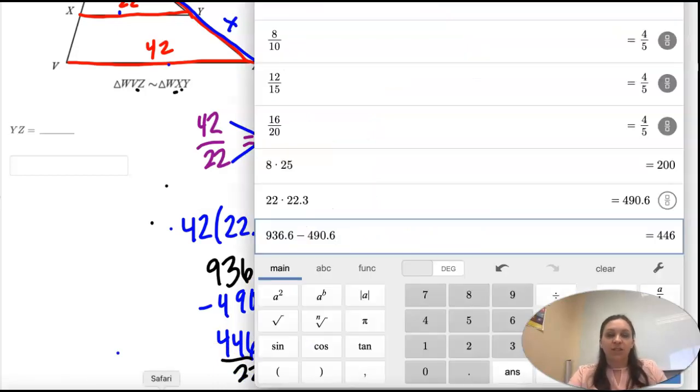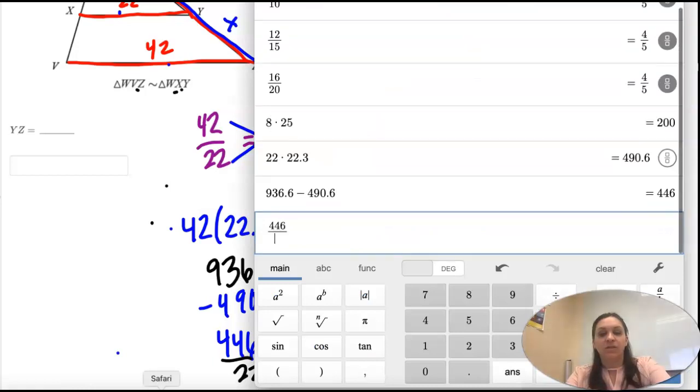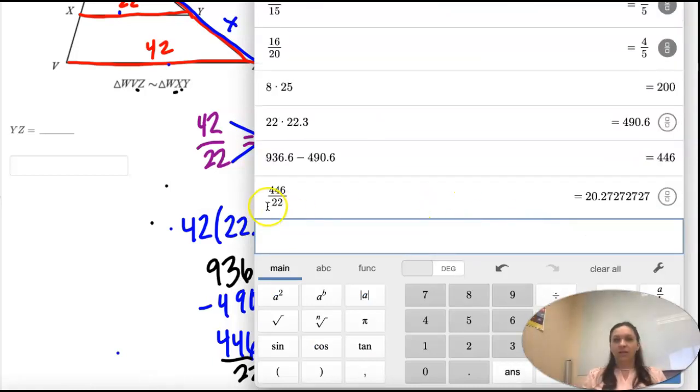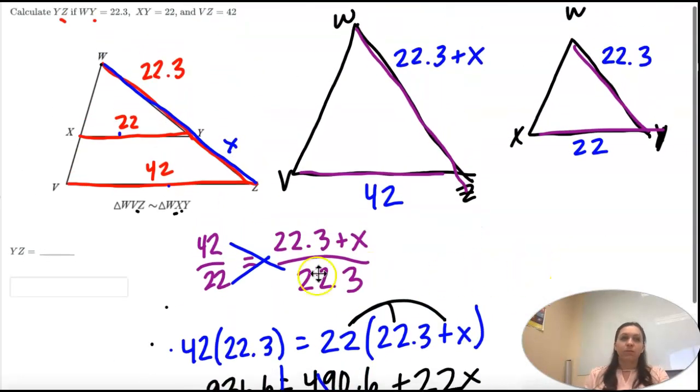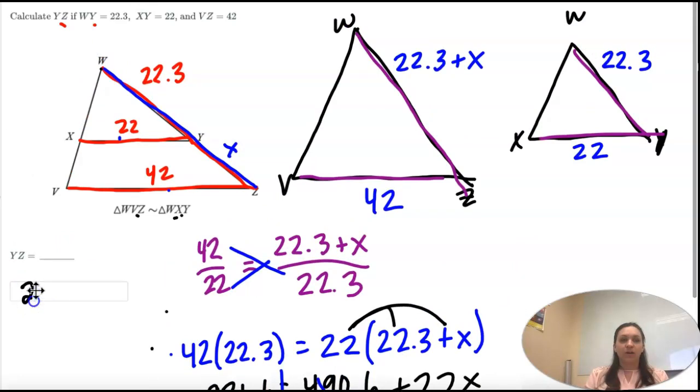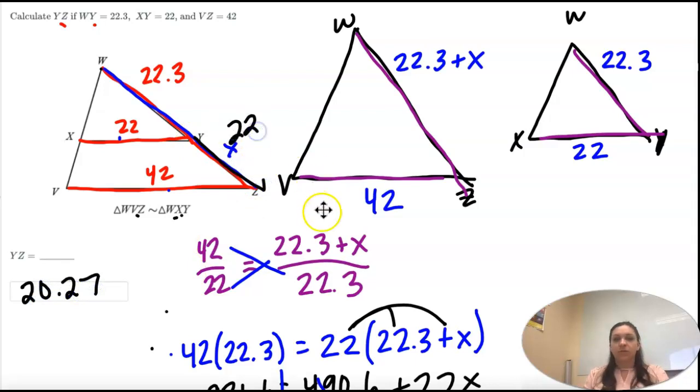So 446 divided by 22 is 20.27. And that would be our answer. Because we found x right here. So 20.27.